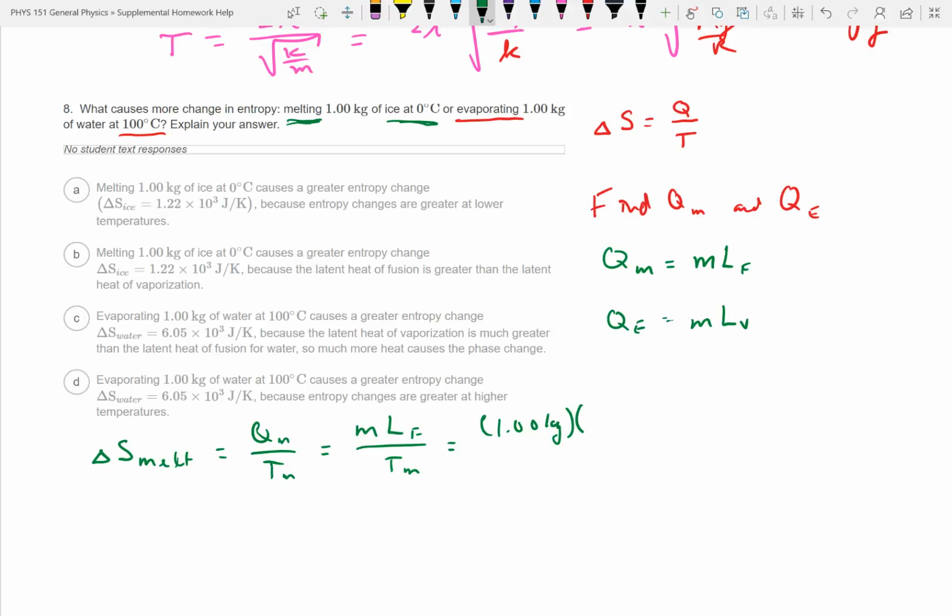I think it's 334. It's for fusion, melting, yes. The latent heat of fusion for water is 334 joules per gram, so that would be 334 kilojoules per kilogram.